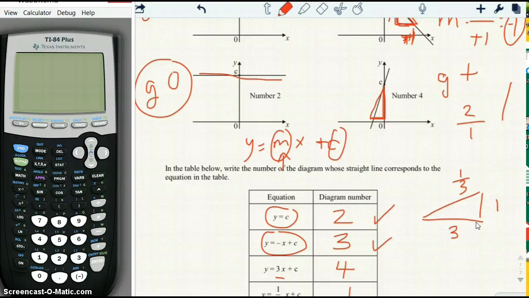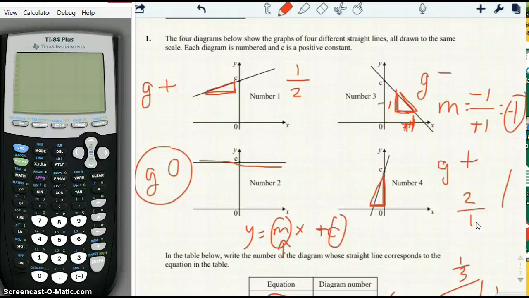How would you draw a slope of 3? Well, 3 would be 3 over 1, so the rise would be 3 and the run would be 1, so it would look more steep. So the steep one going up positive would be this one, and the one that's not so steep would be this one.